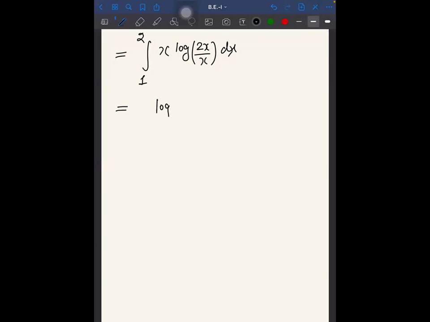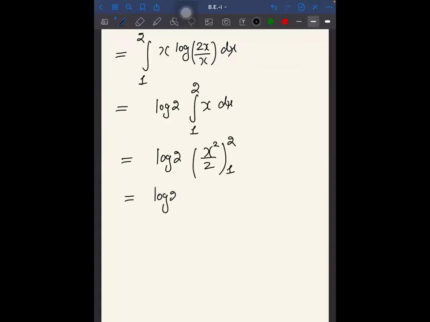So this will become log 2, 1 to 2 x dx. So that would be x square by 2, 1 to 2. So log 2 into 3 by 2. Okay. You're with me? Yes, sir. Okay.